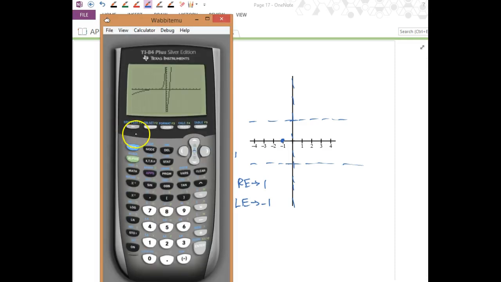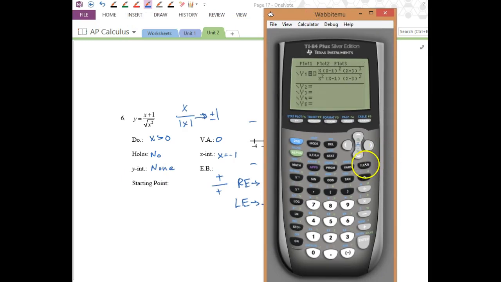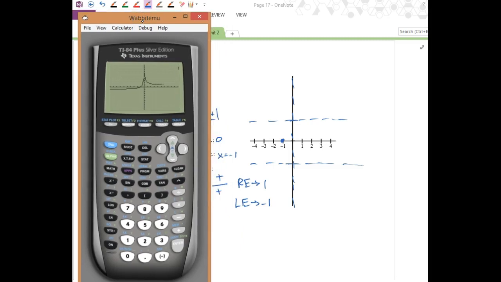Okay, so now we can use the calculator to help us. Okay, so this kind of looks like the volcano, but one end is a little bit lower than the other one.